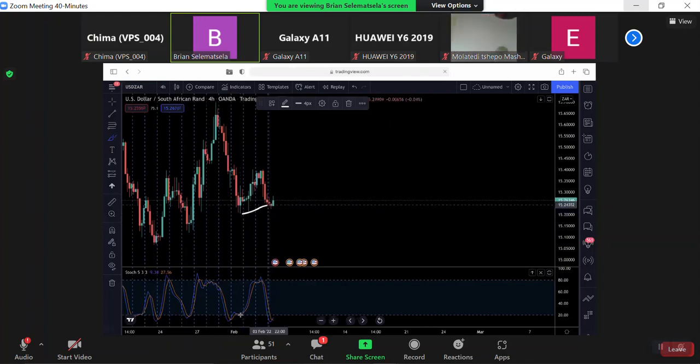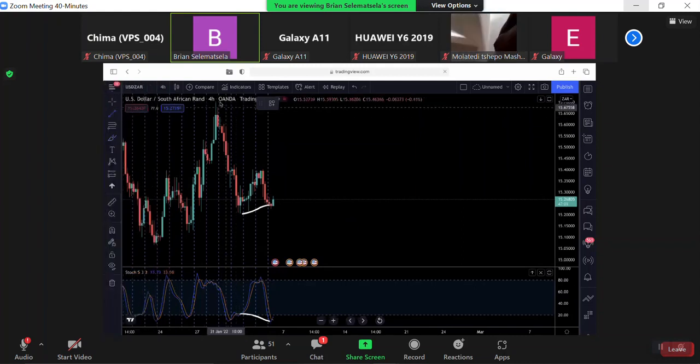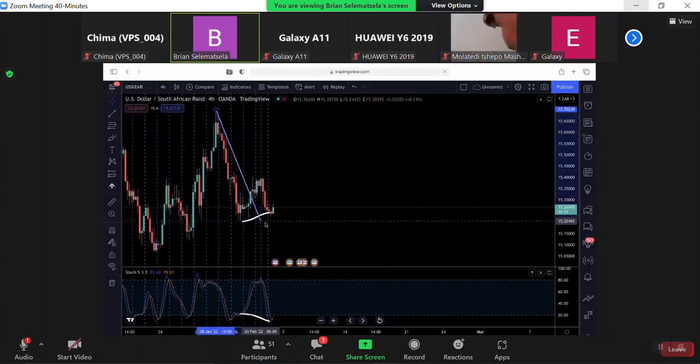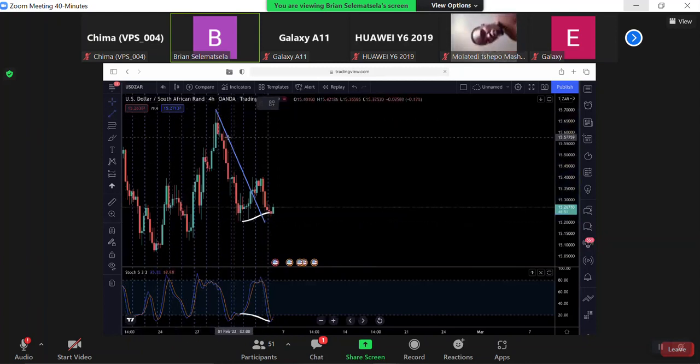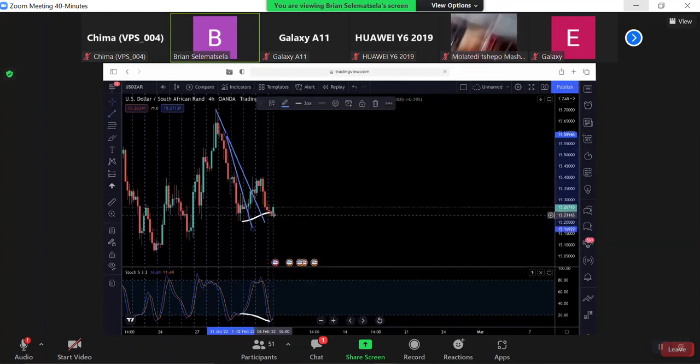So we will have this divergence for that footprint on 4 hour.